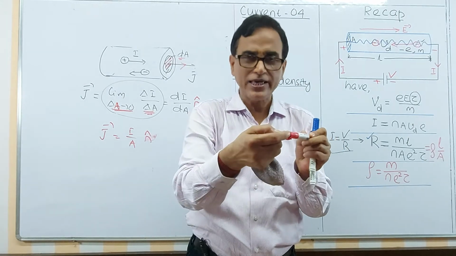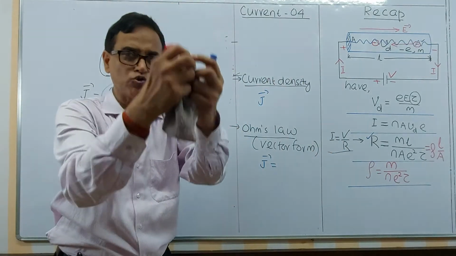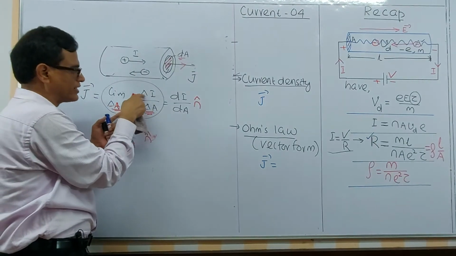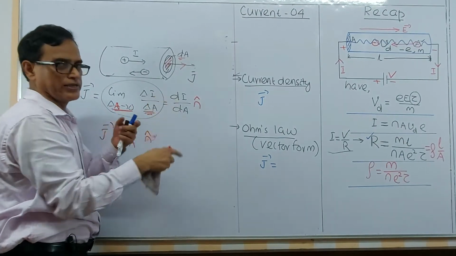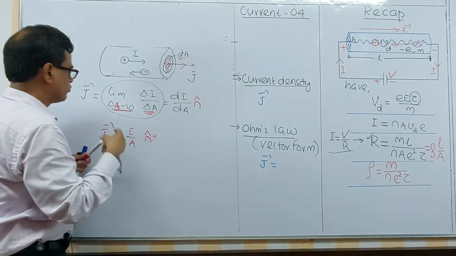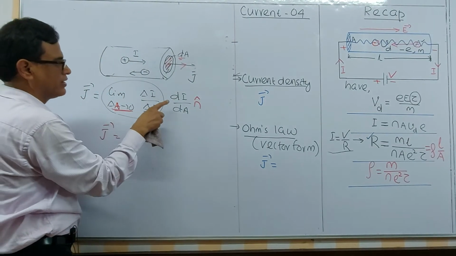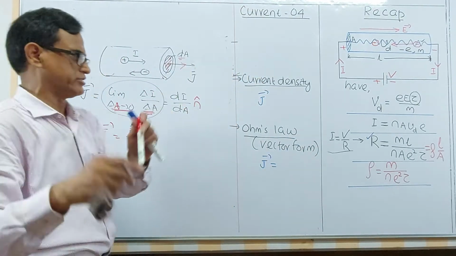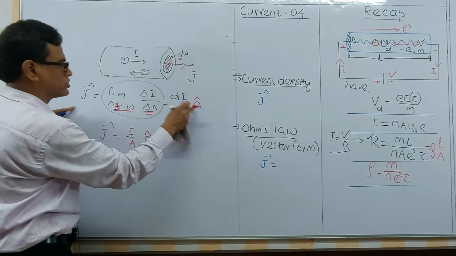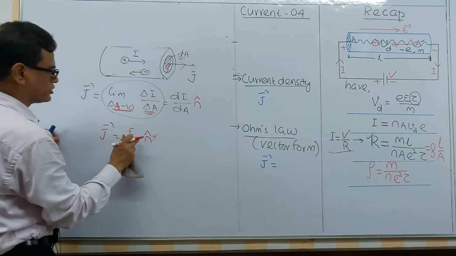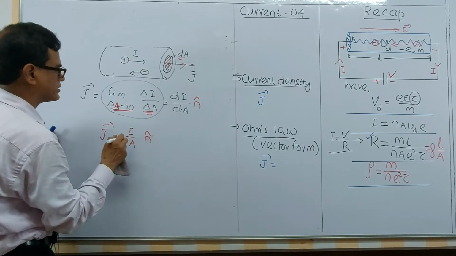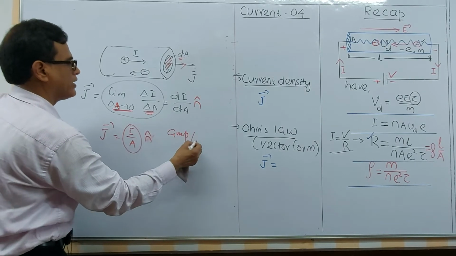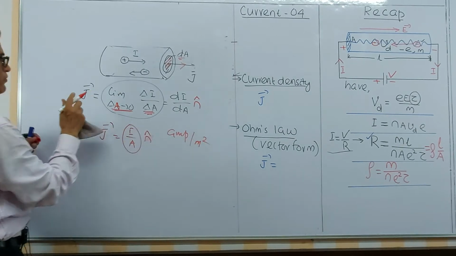But at any point you can choose area to be as small as possible, so that you can write this del I by del A as dI by dA in derivative, and you can write current density J. You may ask me why J? After I, the alphabet is J, my name is not J here. So J vector is equal to I by A n cap here we can say, and current by area, ampere by meter square, is the unit of current density.